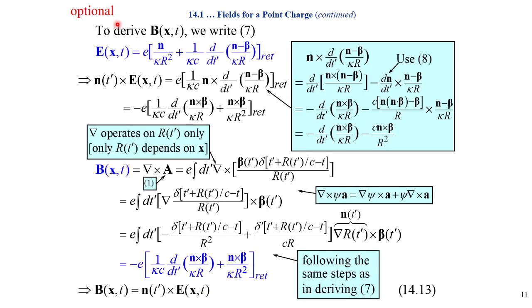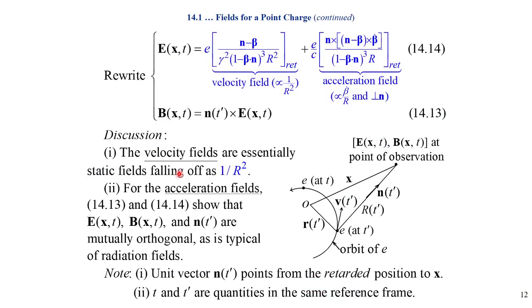That's advanced material. I just show you, B can be derived from the curl of A, the same process. You can derive B from E, n cross E, or derive it from the curl of A. We have the same result. I will focus on here.